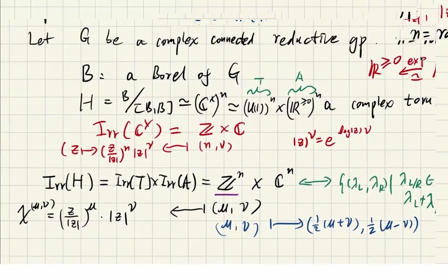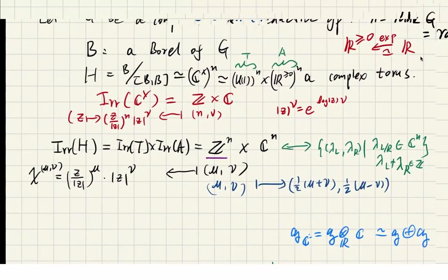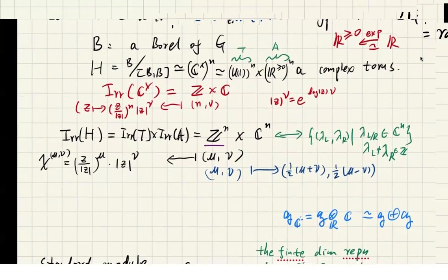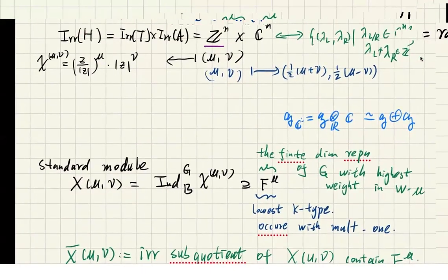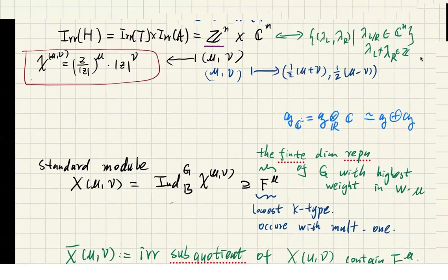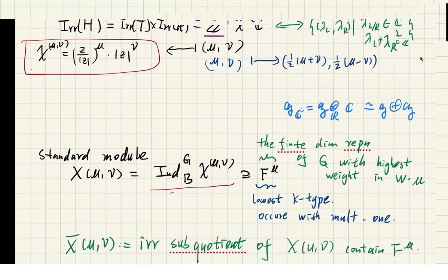Okay, so in general, you have n components, so you will have n integers and n complex numbers to classify irreducible representations of the group G. Then we can define something called a standard module: if I give you mu and nu, you consider this character chi mu nu, and you do the normalized parabolic induction, and you get a possibly reducible representation called X mu nu.